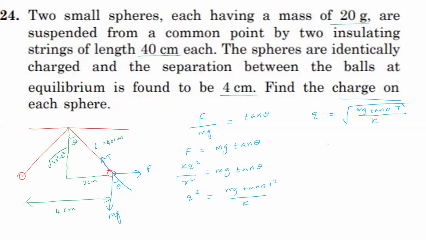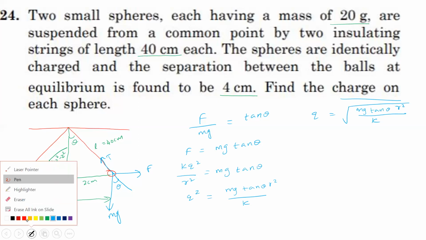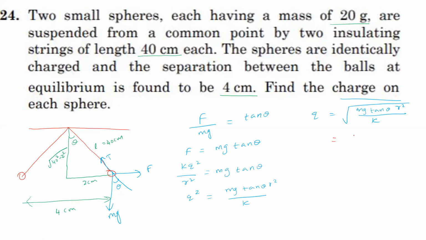Let us substitute all the values now. The m value given is 20 grams, so 20 into 10 power minus 3, and g value is 9.8, and for tan theta, write directly opposite by adjacent side. Opposite side is 2 centimeter divided by adjacent side, which is square root of 40 square minus 2 square centimeter. This tan theta value into r square.